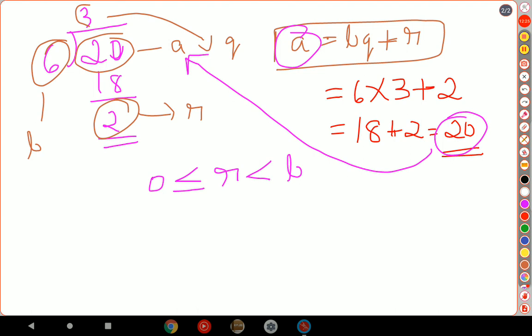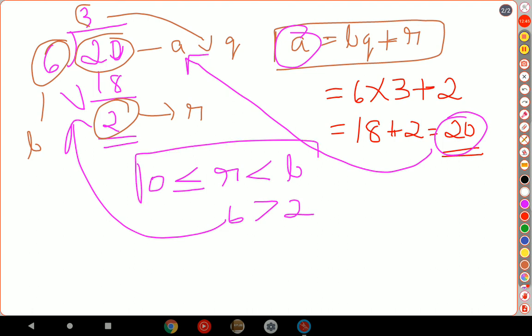I told you the remainder can be greater than or equal to 0. But B is greater than R. 6 is greater than 2. So this condition is satisfied in this problem. So you have to always remember this formula, but with the formula, you should remember this also.